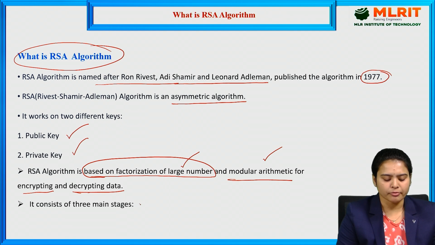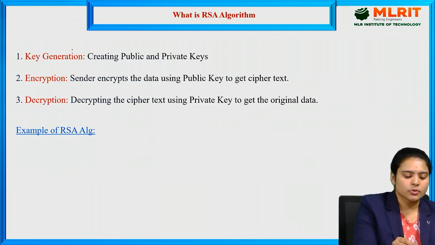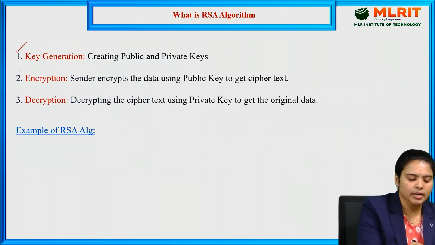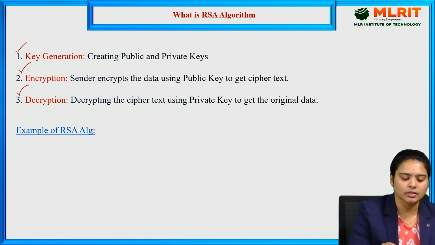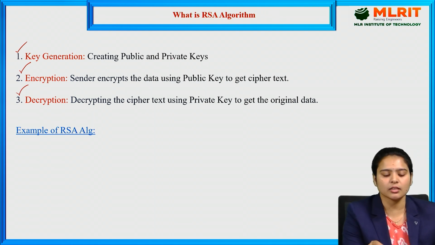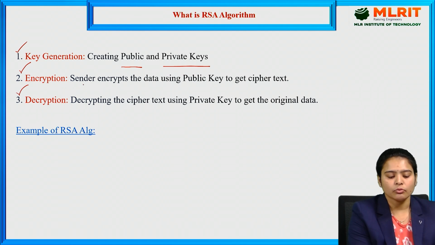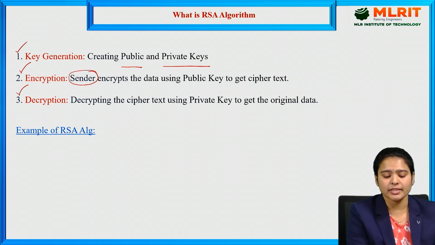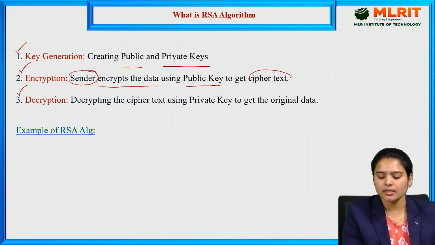It consists of mainly three stages. First one is key generation, second one is encryption and third one is decryption. Key generation is the creation of public keys and private keys. In encryption, the one who is going to send the message encrypts the data using the public key to get the ciphertext.